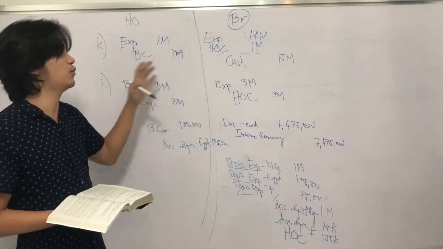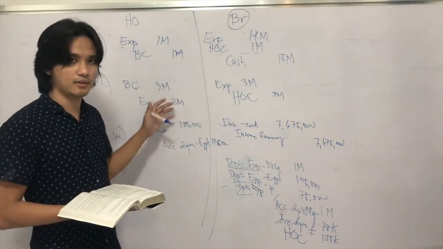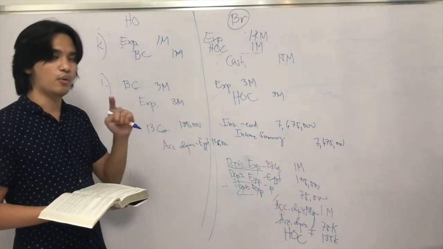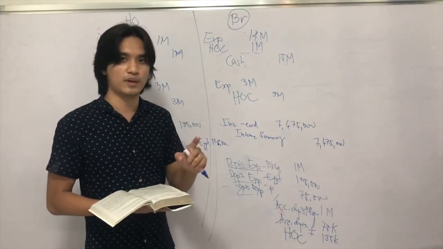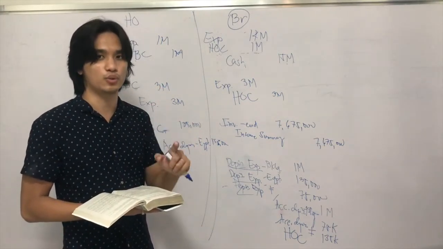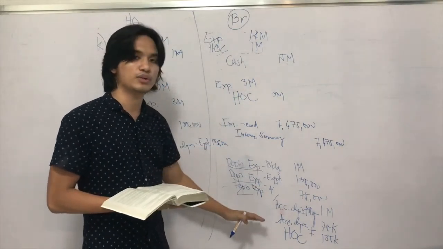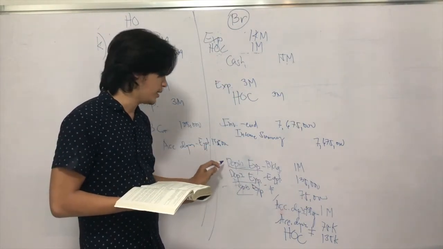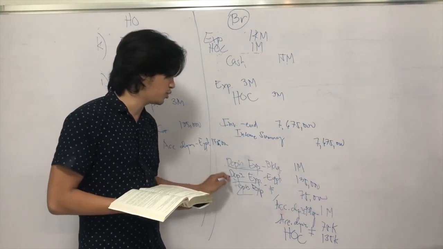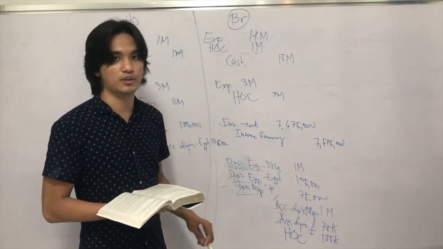However, regardless of where the asset is being carried, the one who will record the depreciation expense is the one who actually used the asset. In this case, all assets were used by the branch. That's why it is the branch who should record the depreciation expenses.